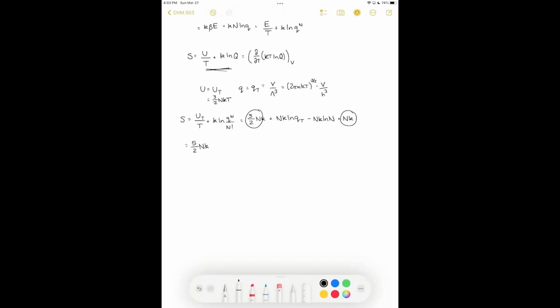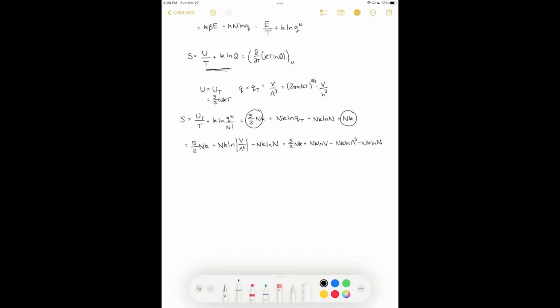And then this term becomes plus Nk natural log of Q translational. Well, what's Q translational? In this case, it's the volume over the thermal wavelength cubed. And then we have minus Nk natural log of N. From here, we can separate this out even further. We can say 5/2 Nk plus Nk natural log of V minus Nk natural log of lambda cubed minus Nk natural log of N. Here we can plug in what the thermal wavelength lambda is.